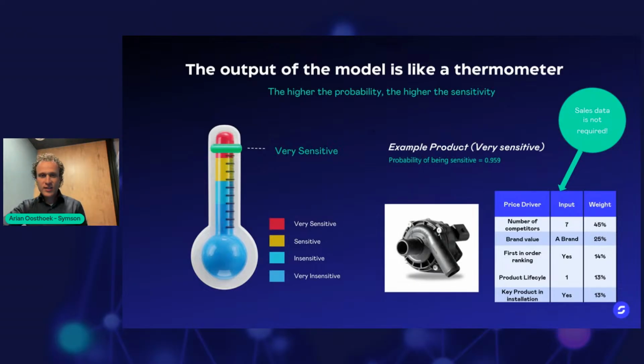So you can test and train this model and use this model, even if you don't have a lot of data in your organization. And this is often the situation in a lot of B2B companies that have a very long tail of products, a lot of slow movers. That's actually a big advantage compared to, for example, price elasticity models.